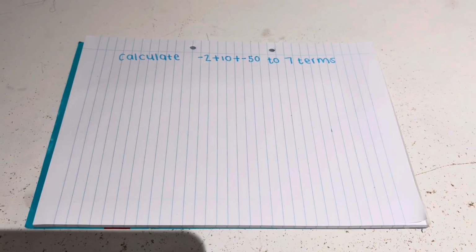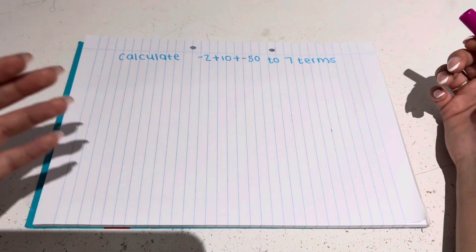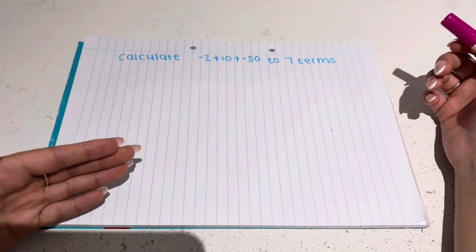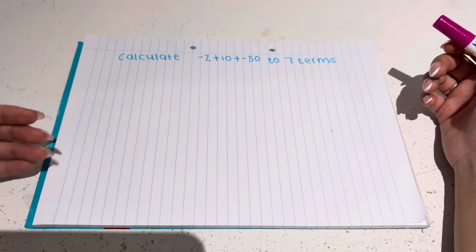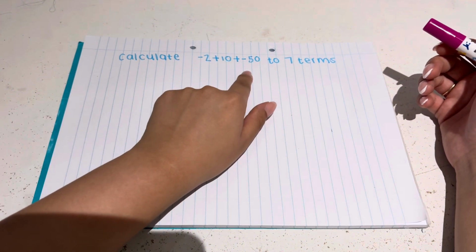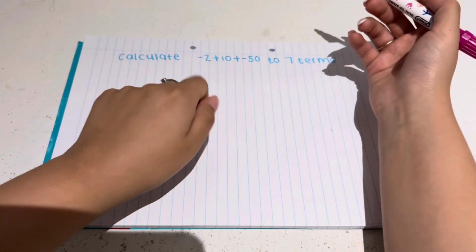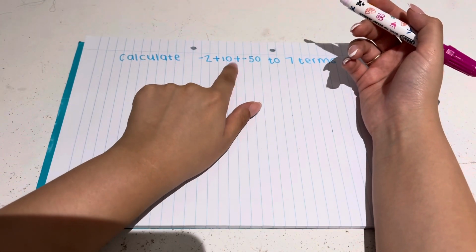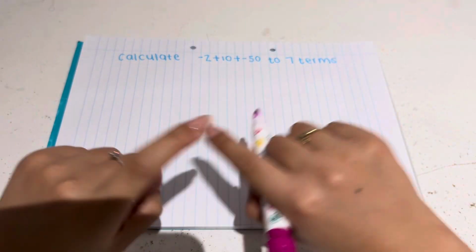Calculate minus 2 plus 10 plus negative 50 to 7 terms. If this is all that they give you in the question, you need to establish whether this is an arithmetic series or a geometric series. It's a series because we're adding the terms together. Looking between term 1 and term 2, you can see a multiplicative factor.